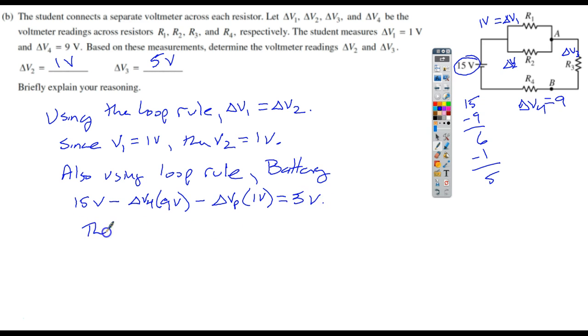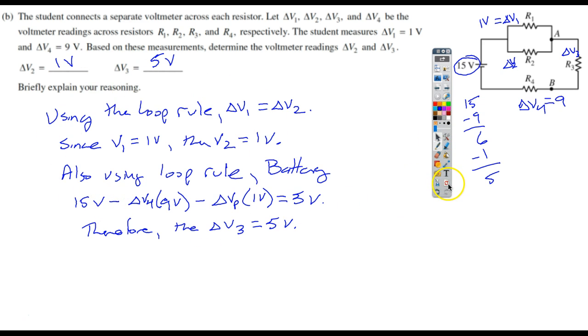And then you could say, therefore, the change in potential for the third resistor is equal to 5 volts. And now you would have all the points for letter B.